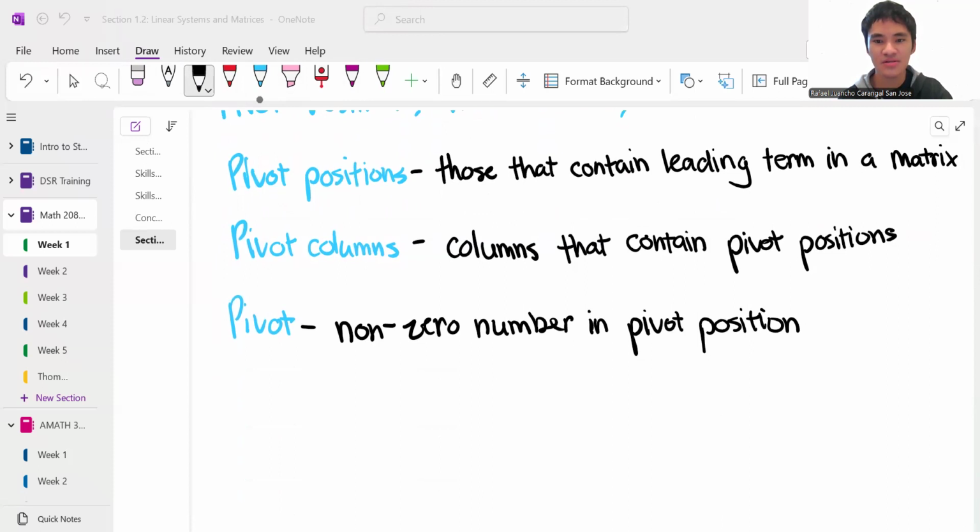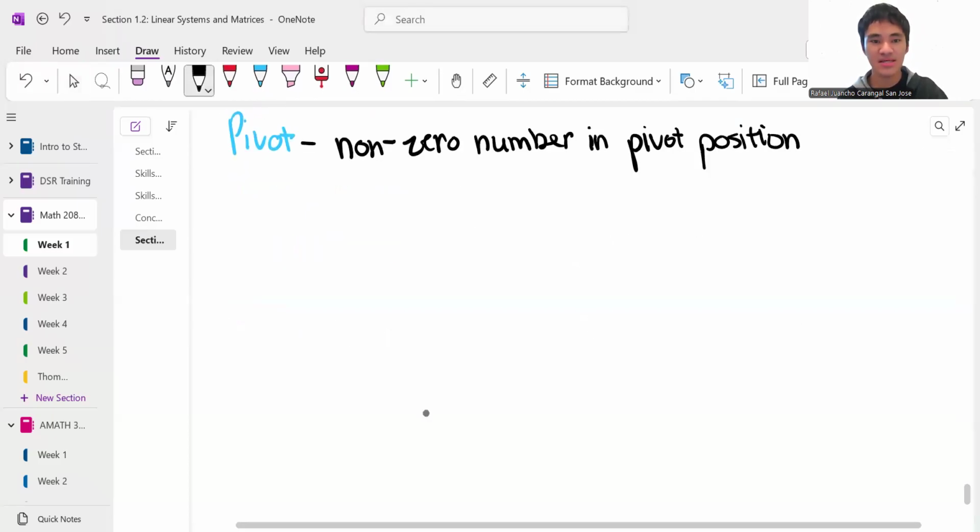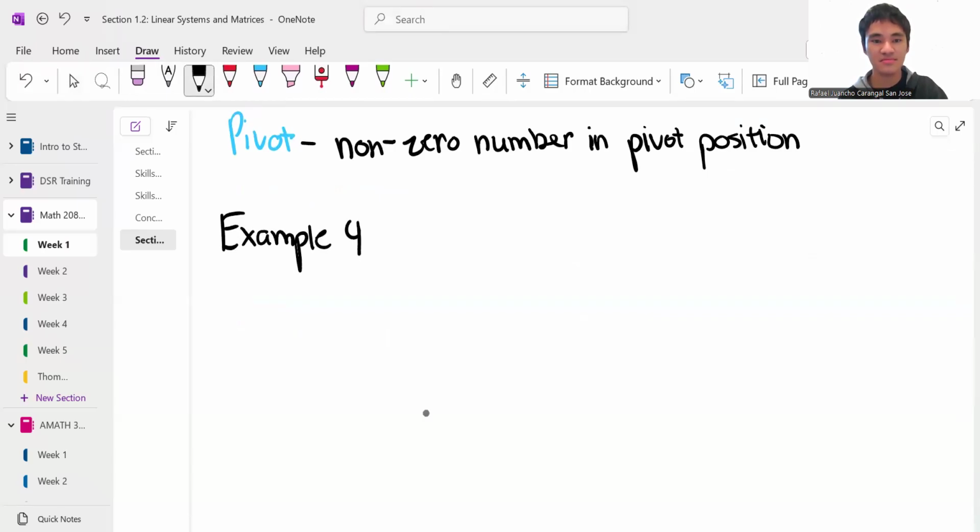We have a very general idea of what an augmented matrix is. I'm not going to write that out anymore. Let's do an example to keep practicing this idea. Example 4.